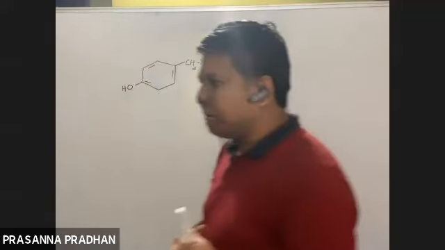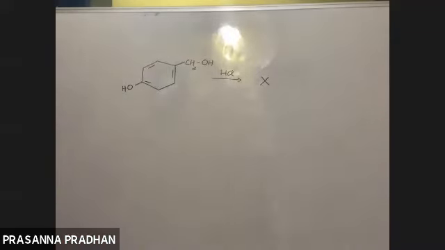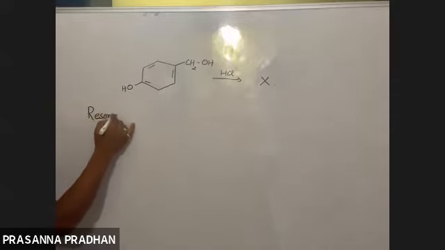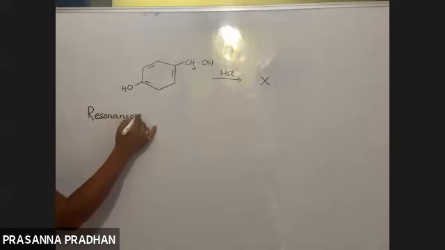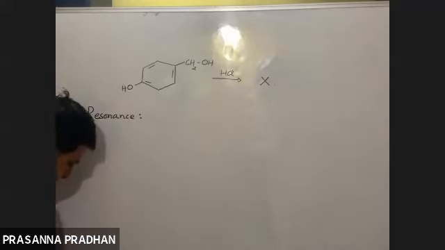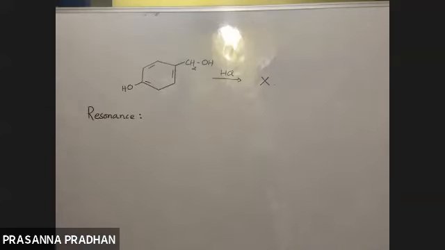Now, in order to solve this problem, it's an NCERT based question, we need to go into details about resonance. We need to recapitulate resonance. So what was resonance? Resonance was the delocalization of electrons. Delocalization means movement of electrons, the shifting of electrons from one atom to another atom. So I'll just teach you when resonance occurs.